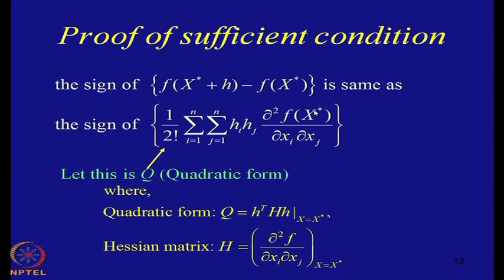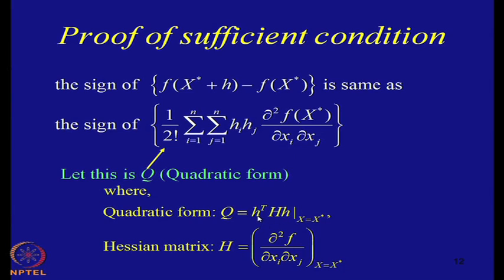Since x star is the extreme point for us, in the neighborhood of x star, del 2 f of x star by del x i del x j will have the same sign as del 2 f of x star plus theta h by del x i del x j. That is why we can say that the sign of f of x star plus h minus f of x star is fully dependent on the sign of this expression, which is in the form of a quadratic form. This quadratic form is very much related to our matrix notation, and there are three terms within this.